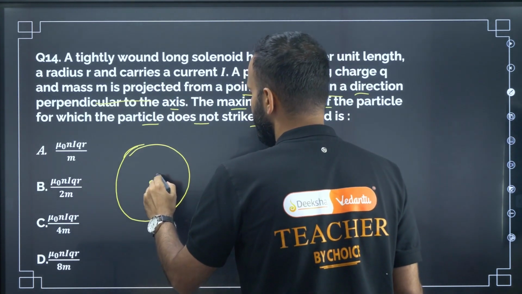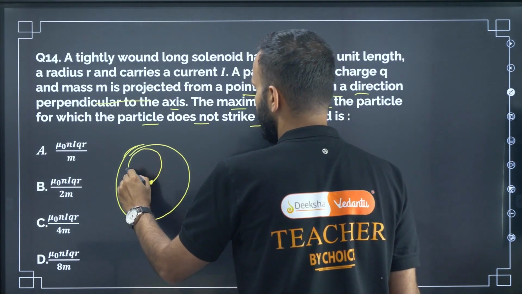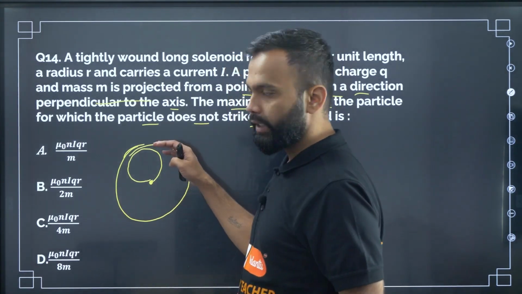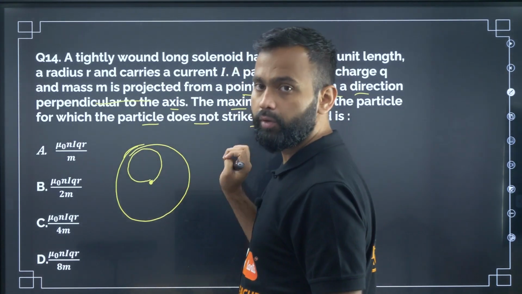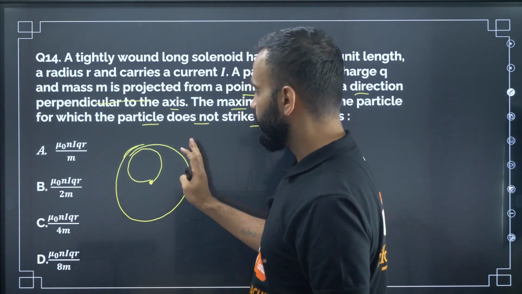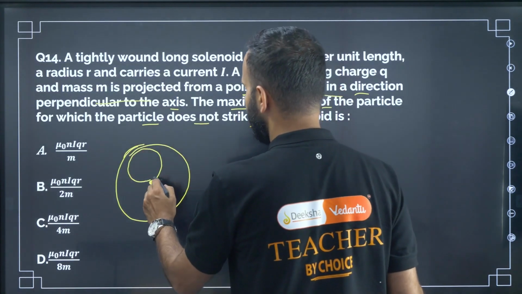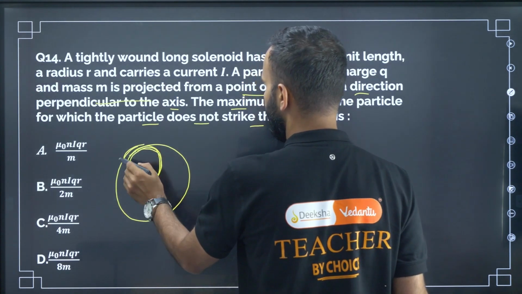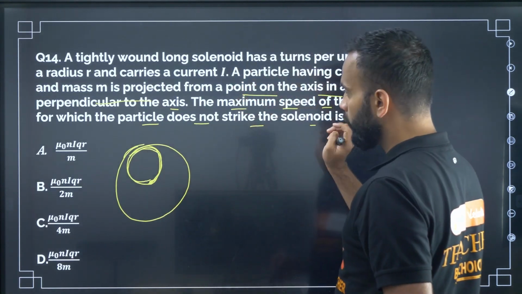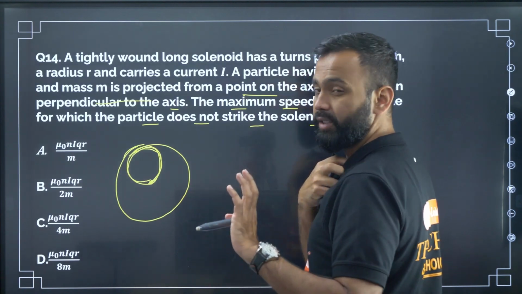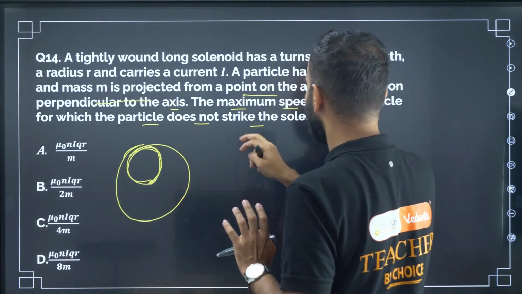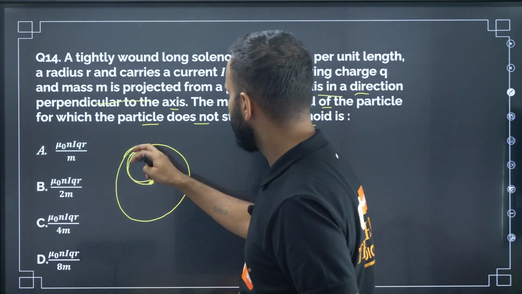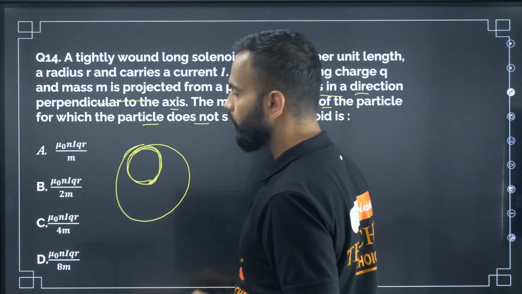When a particle is projected in a uniform magnetic field inside the solenoid, the magnetic field is uniform, right? When a particle is projected with velocity v in a uniform magnetic field, it takes a circular path. We need to find the maximum speed of the charged particle for which the particle does not strike the solenoid.